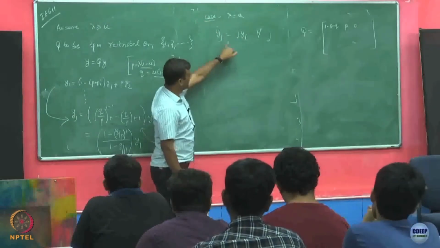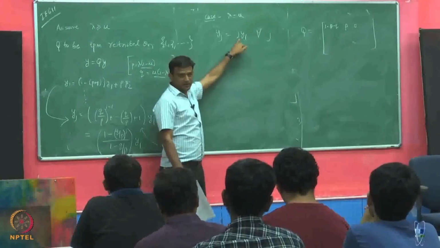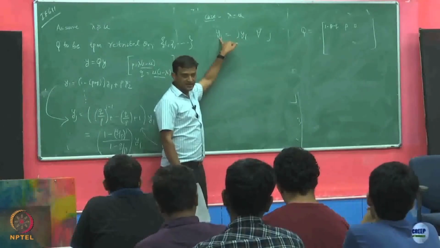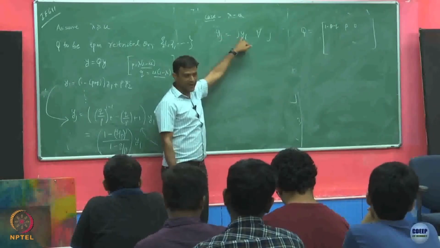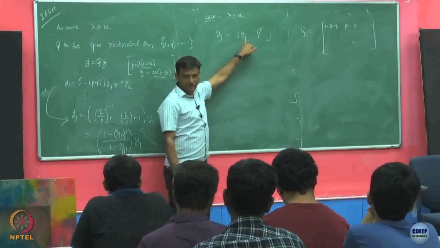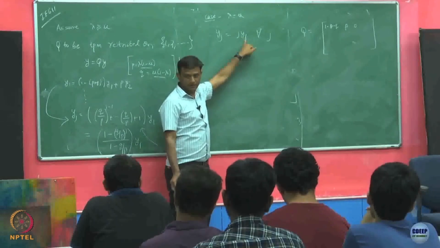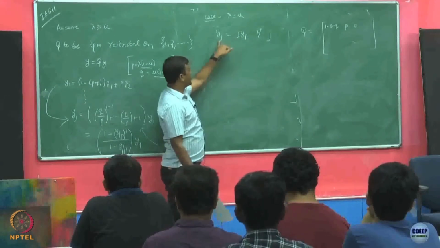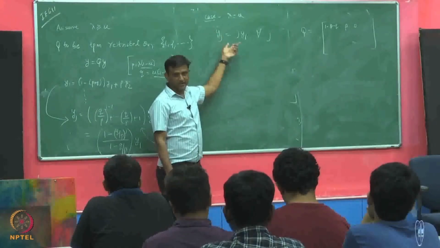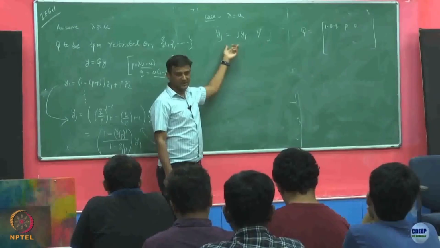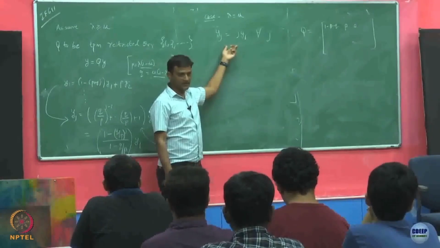So in that case there exists some j large enough which will make this yj greater than 1. Whatever y1 you choose, some positive value, it is going to make yj greater than 1 at some point for some j. So you will not end up with a y which is between 0 and 1.